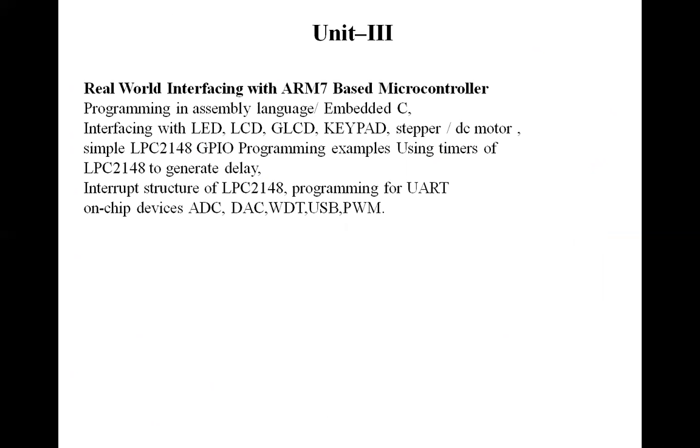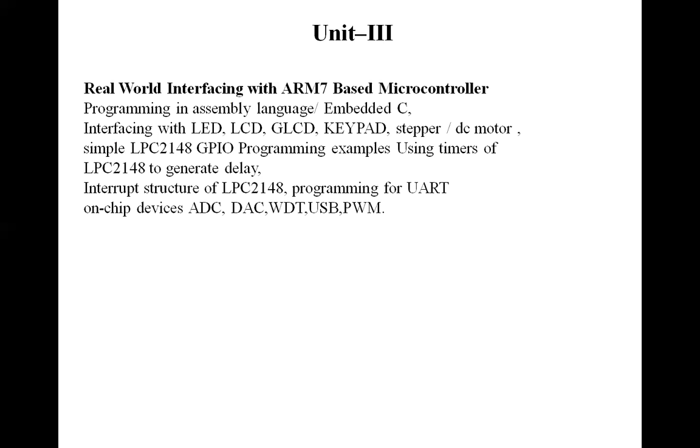Now here we are going to learn about real world interfacing. This unit is totally based on two things. First one is different types of basic interfacing devices like LED, LCD, keyboard, graphics LCD, stepper motor, DC motor, or you can go for timers, counters, interrupts, serial communications.